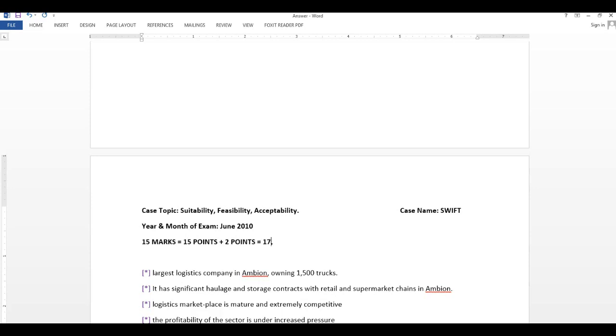So we should have effectively generated 17 points, and I think we have done it. Each point should have been explained in 1 to 3 sentences, and that would have fetched you the 15 marks.